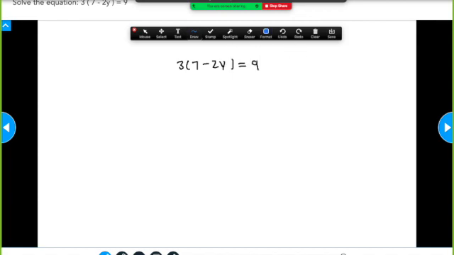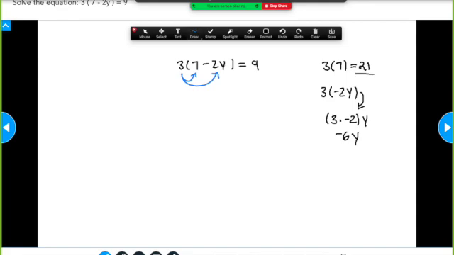First thing I want to do is distribute the 3 to both the 7 and the -2y. When I do that, I get 3 times 7, that equals 21. And then I also have 3 times -2y, which is 3 times -2, leave the y on the outside, and I get -6y as my answer.